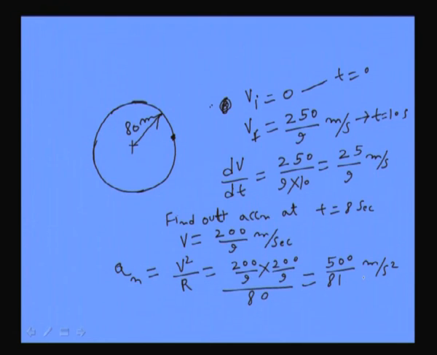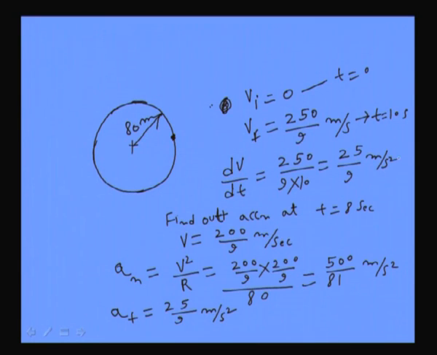Then there will be the tangential component, whose magnitude is nothing but dv by dt, that is 25 by 9 meter per second square.